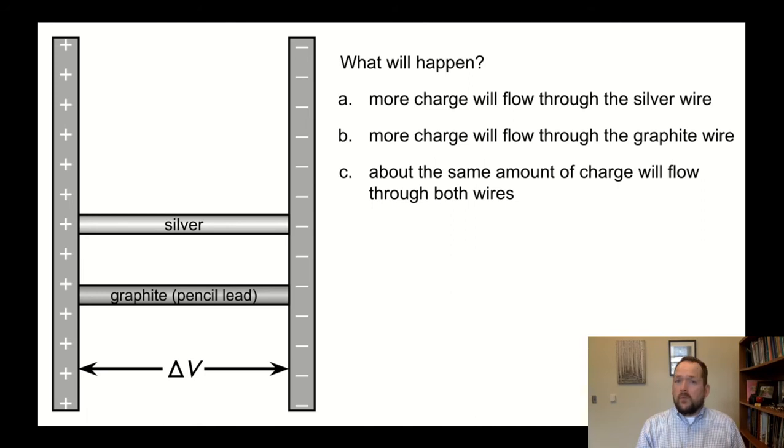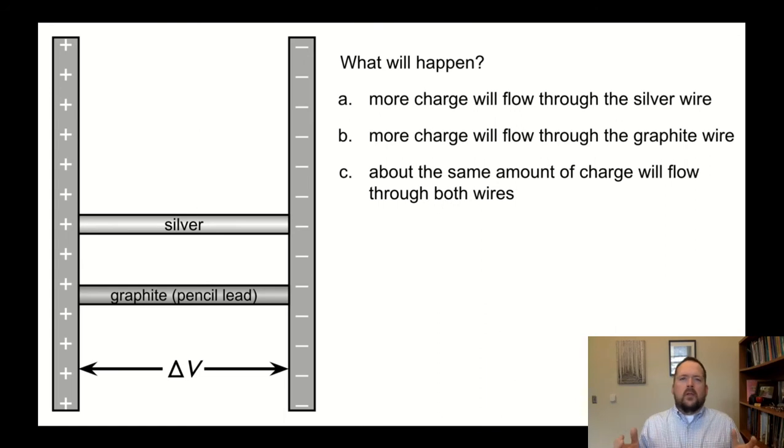If you said silver, you would be correct. All materials that are conductive, and both graphite and silver are conductive, have degrees of conductivity. And from the materials that we've explored, as far as people know, silver is the best material for conducting electricity and, turns out, heat. So more charges will flow through the silver wire than the graphite wire.